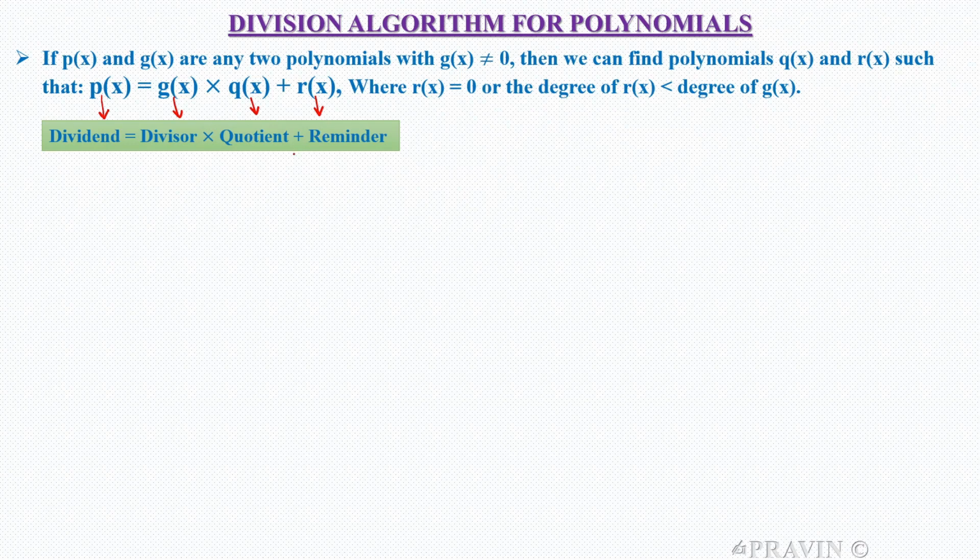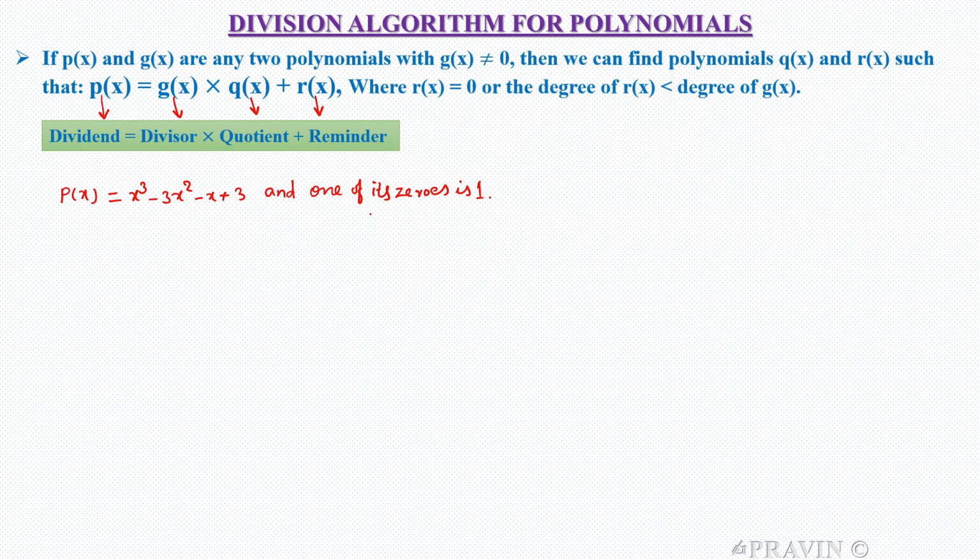Let us consider a cubic polynomial, p(x) is equal to x cube minus 3x square minus x plus 3, and one of its zeros is given to you, that is 1.